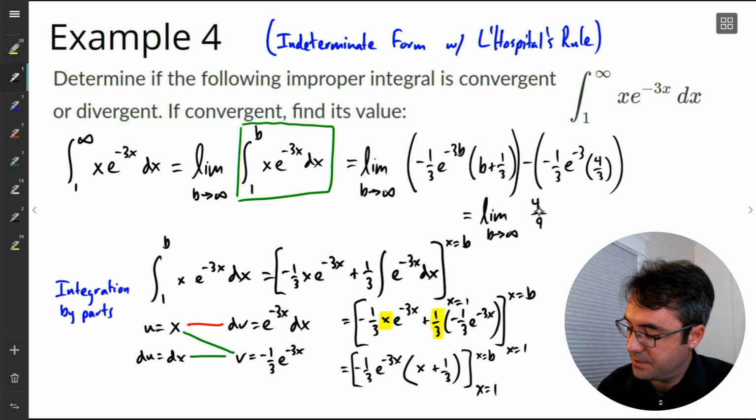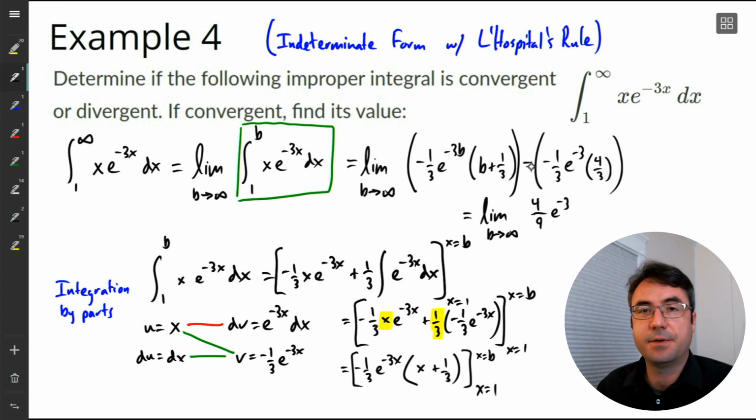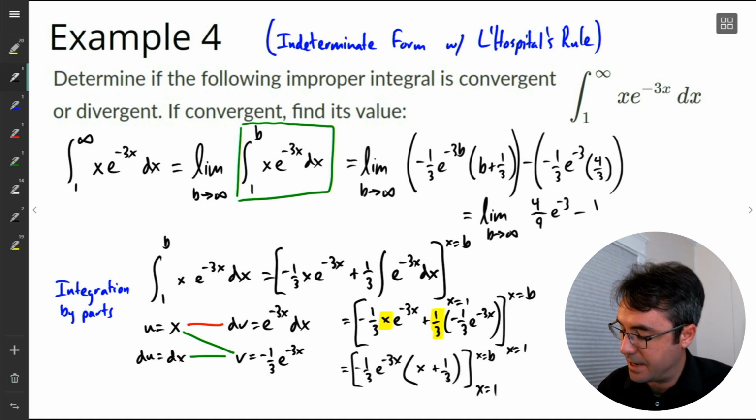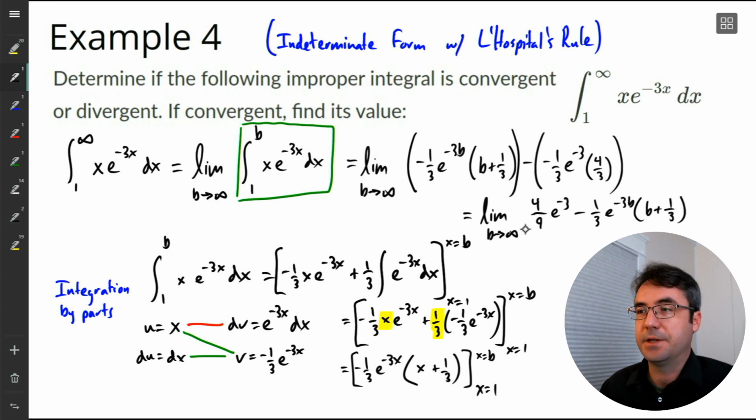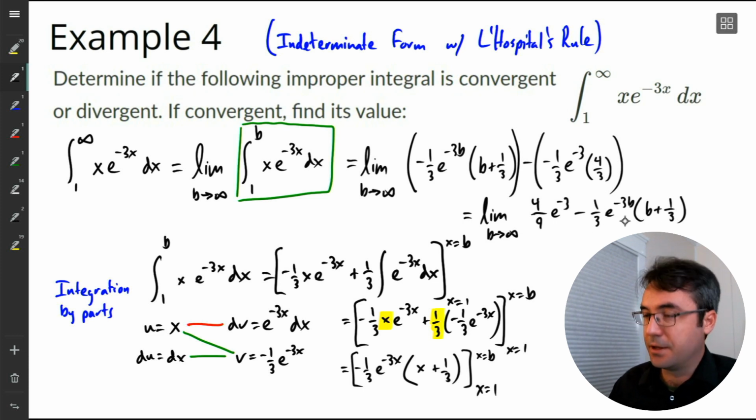So we're going to have a positive 4/9 e to the -3. I always like putting the piece that becomes positive first. And then I'm just going to have this all next to it, just so I don't lose track of that negative. All right, so we're going to actually see how to do this limit. This is going to take a little bit of work here.